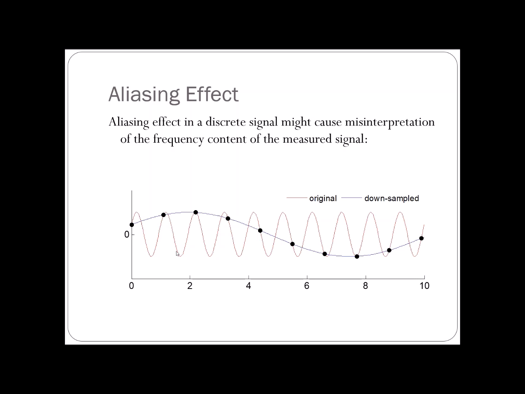So on one side, we cannot take the recording at a very low sampling frequency, but on the other hand, you don't want to capture the original signal with a frequency that is too high. The result will be very good, of course, if you sample at a very high frequency.